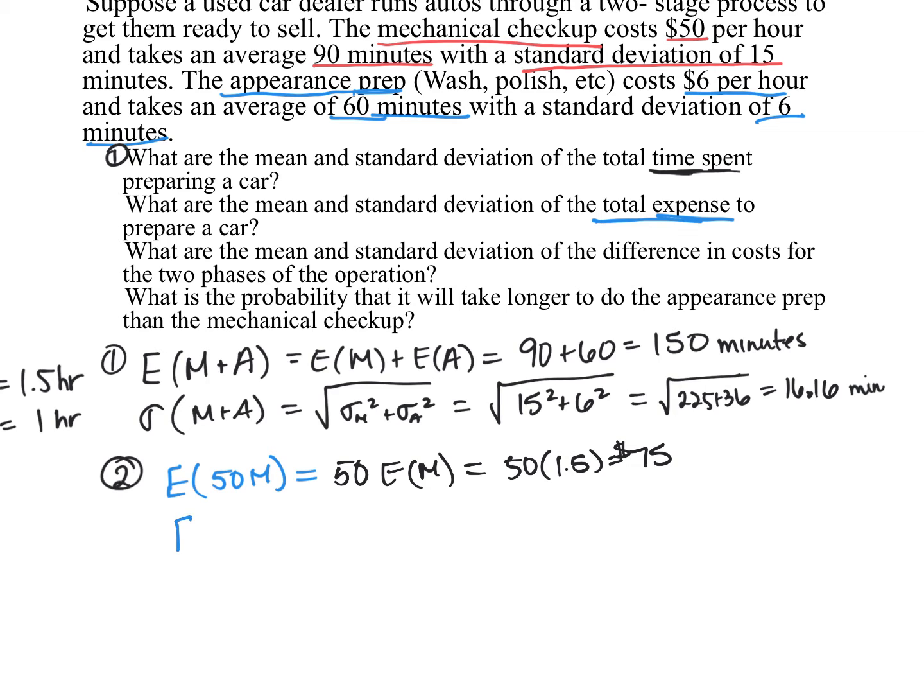The expected value is $6 per hour on the appearance prep. That's 6 times the mean, which is 6 times 1, $6.